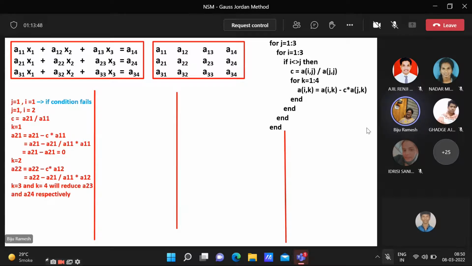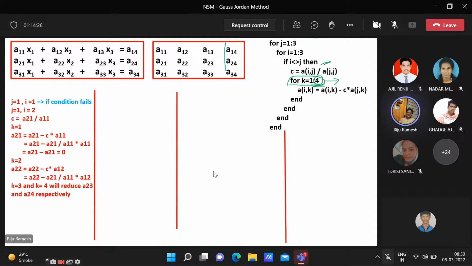The same thing you have to remember here: K is equal to 1 to 4. Always, a third loop is used for something extra, something other than the positional elements. When we are going to handle something other than the positional elements, we go for a third loop. Here the K loop is initialized from 1 to 4. Why is 4 seen over here?